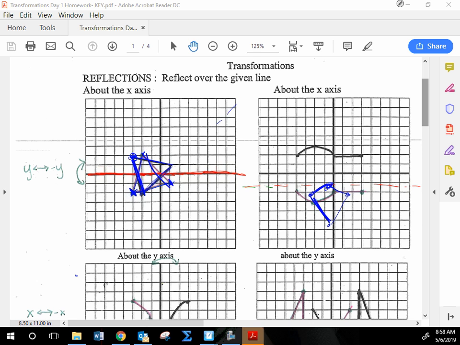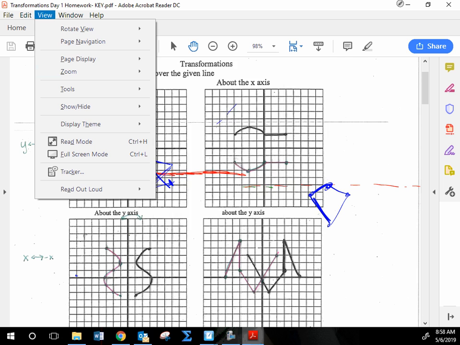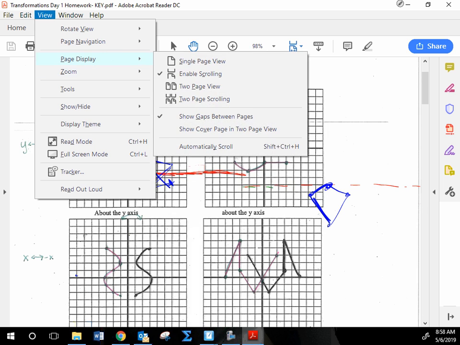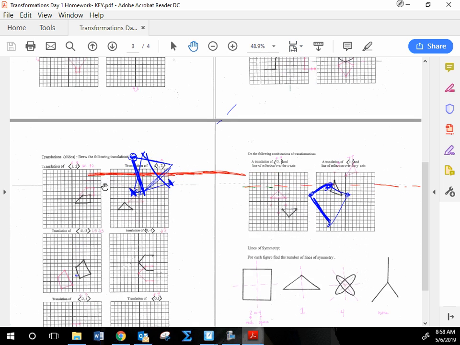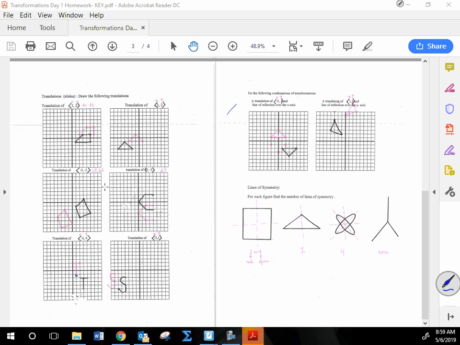Then our ones down here. These are our shiftings.